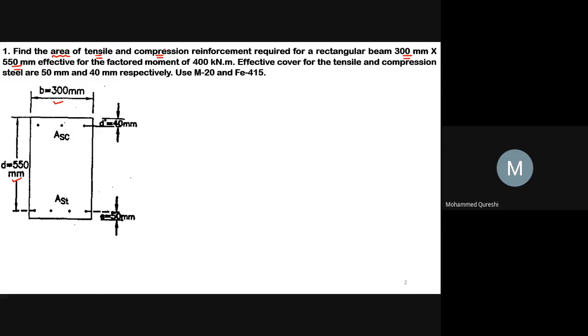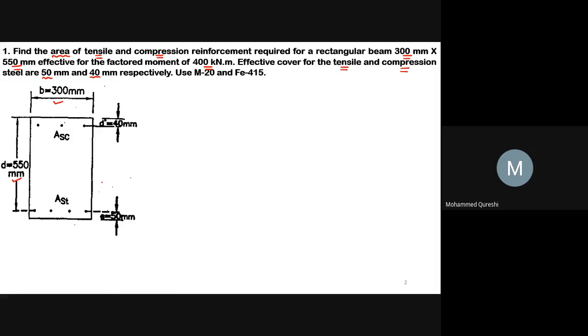For the factored moment of 400 kilonewton into meter. Here Mu is given as 400 kilonewton into meter, and the effective covers for the tensile and compression steel are 50 mm and 40 mm respectively.